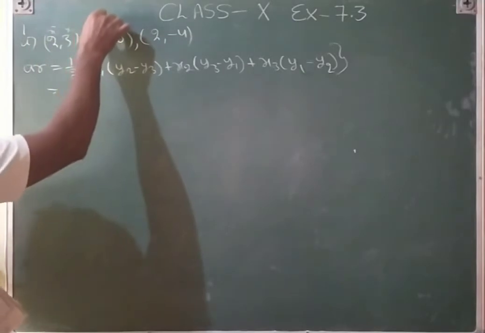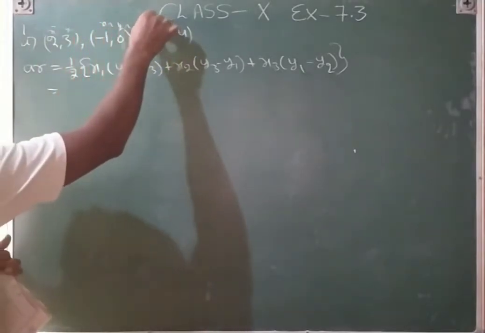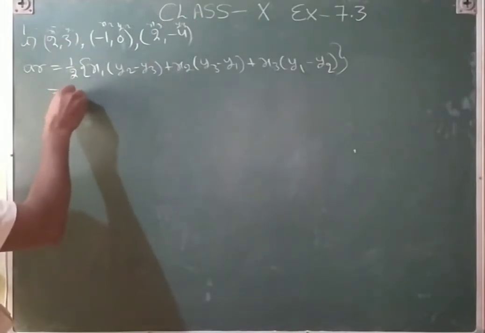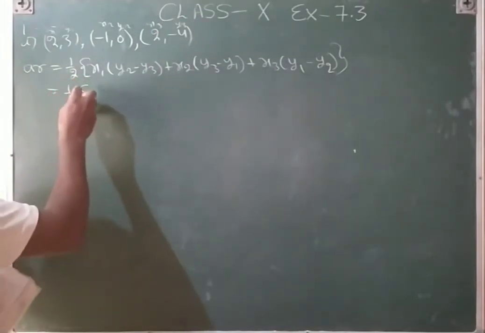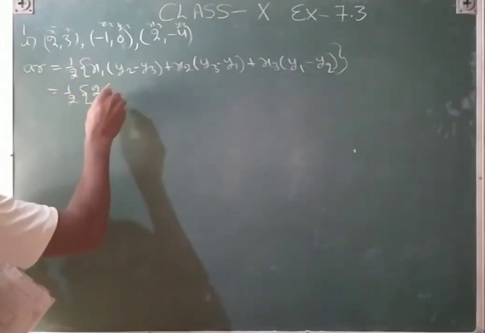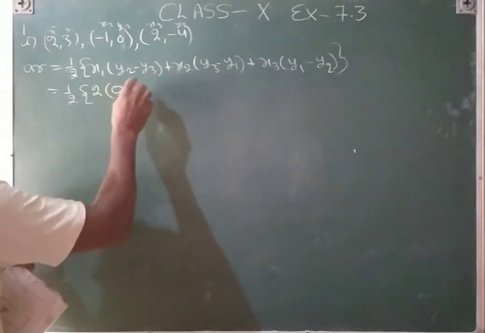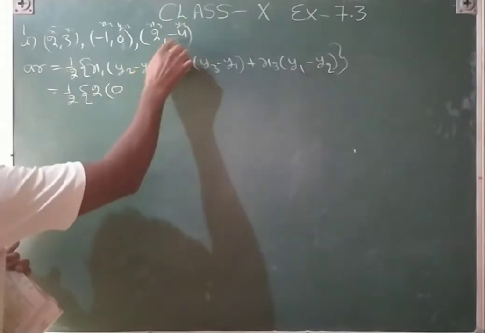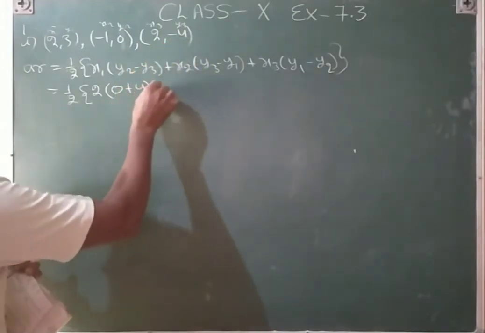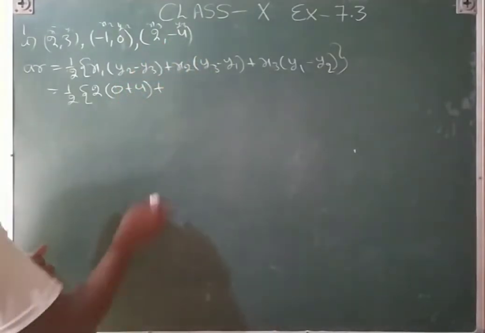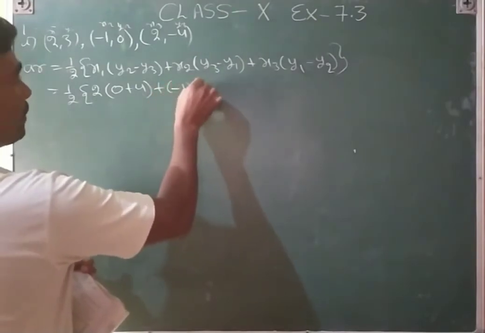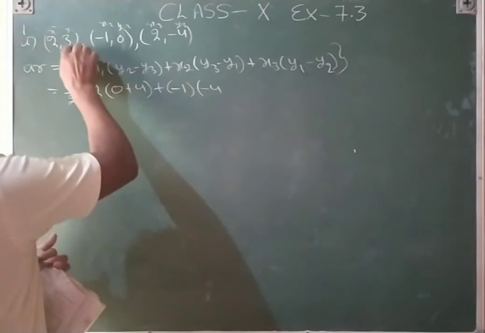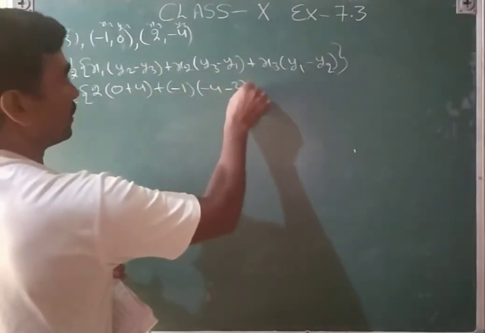Then x1 y1, x2 y2, x3 y3, so 1/2 with x1 is 2, y2 is 0, y3 is -4, so that gives minus minus, plus 4. Then x2 is -1, y3 is -4, y1 is 3, that gives -7.